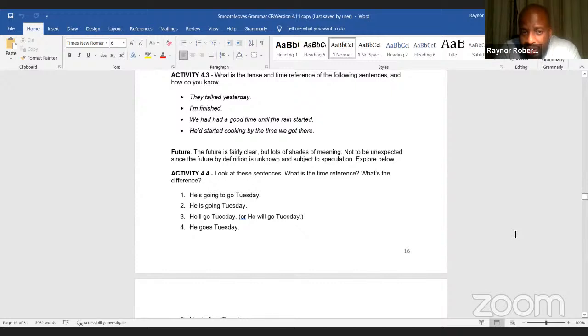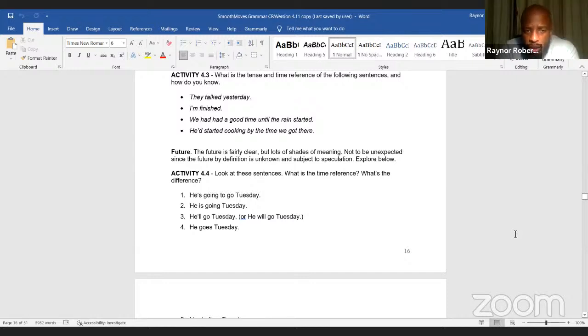So a lot going on. You've got a present with an infinitive and future, which all states an intention. So this is where co-text and collocation again are important.